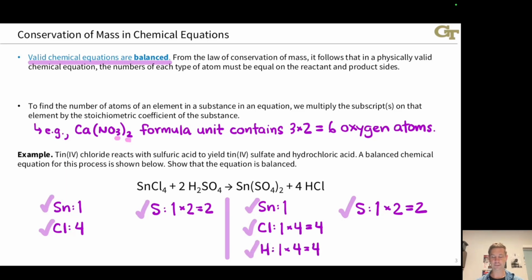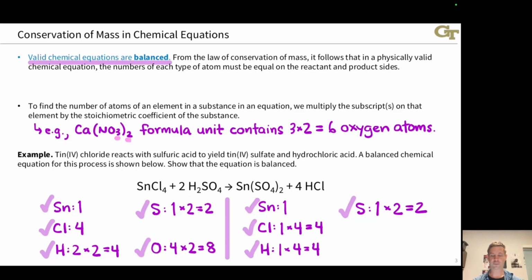With respect to hydrogen, we have 4 hydrogens on the right in the 4 HCl's, and we have 4 hydrogens on the left in the 2 H2SO4s. So we have 2 hydrogens per H2SO4 molecule, and we've got 2 of those on the left-hand side of the equation for a total of 4. And then finally with oxygen, we have 8 oxygens on the left, 4 in each H2SO4 times 2 molecules of that type.